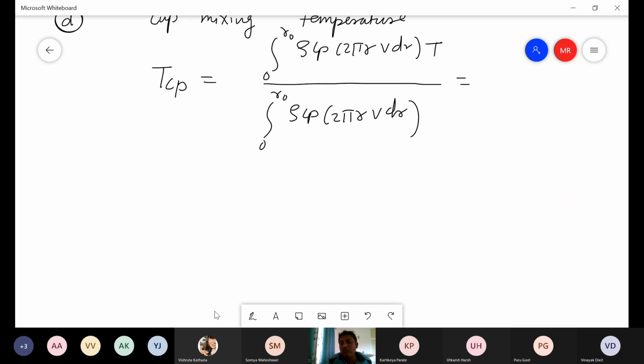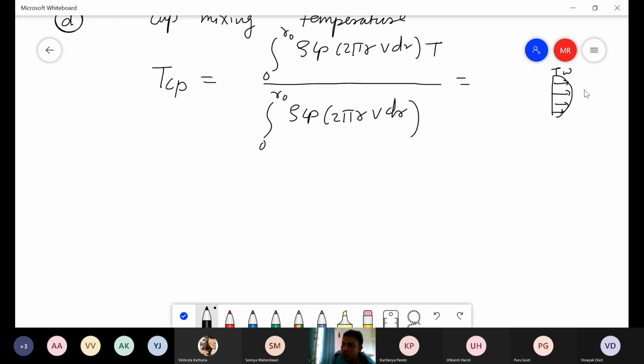Remember, in the last class, we looked at how to calculate the average value of the heat transfer coefficient, where we averaged over the length, correct? In a similar manner, here the temperature we are finding is averaged over energy. For example, if you have this cross section where the velocity is varying like this, and the temperature is also varying. Here the temperature is TW, here the temperature is, let's say, T naught.